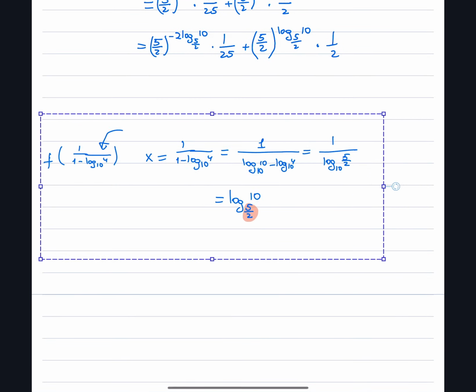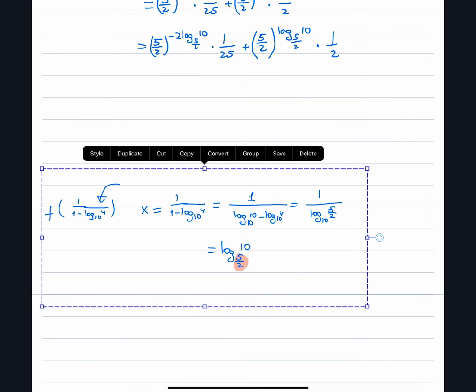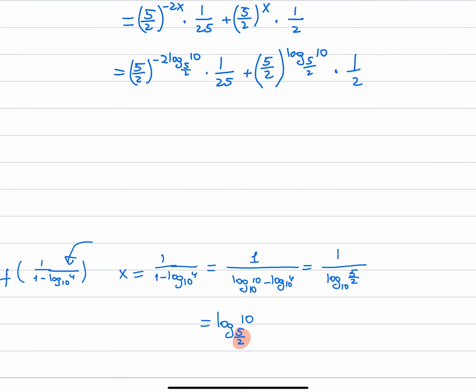So we are almost done. I can write this part as 5 over 2 to the power of log base 5 over 2 of 10, to the power of negative 2, multiplied by 1 over 25 plus.